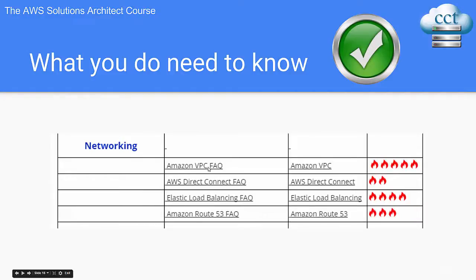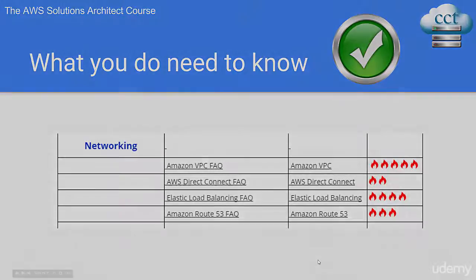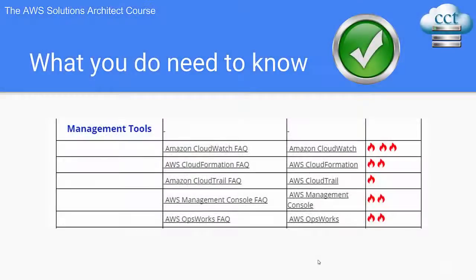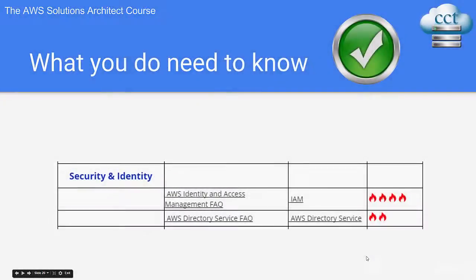Networking, again, VPC appears here. Five fires, I think they're fires. Also Direct Connect, load balancing, Amazon Route 53. Management tools, these are all the management tools that you'll need to understand, and we will go through those. Security and identity. Security, especially around IAM, is a very important facet of the Solutions Architect exam.